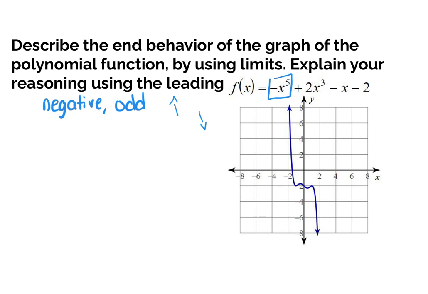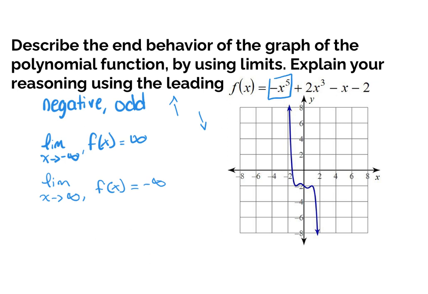Using my limits, I can describe end behavior. Limit as x is approaching negative infinity, f of x is equal to positive infinity. Limit as x is approaching positive infinity, f of x is approaching negative infinity.